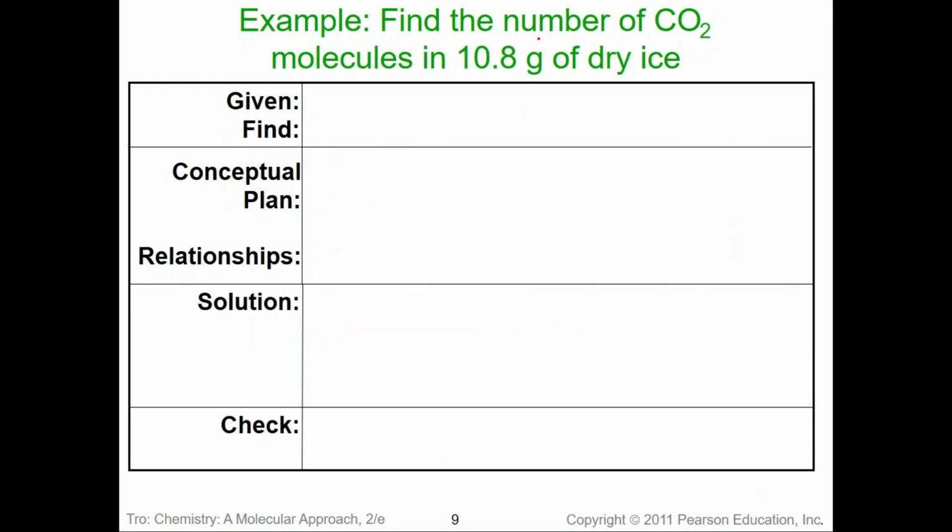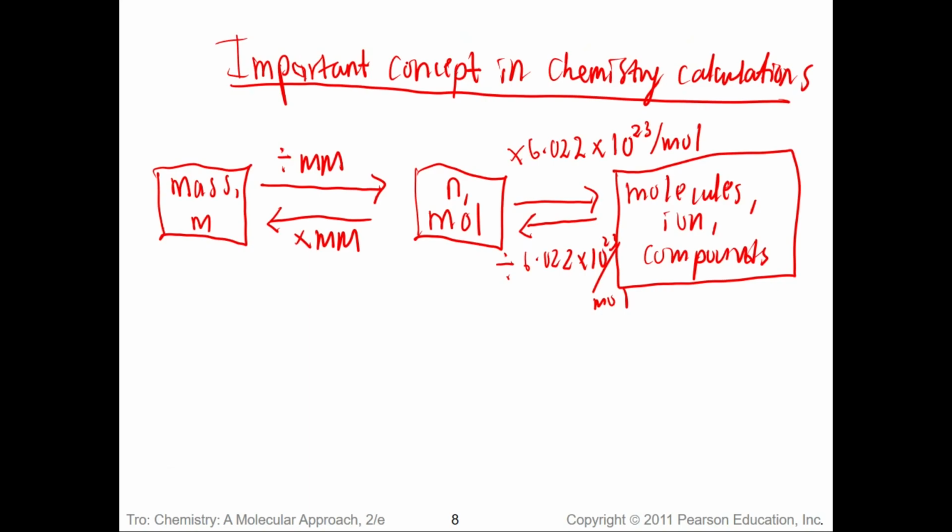An example question asks you, find the number of CO2 molecules in 10.8 gram dry ice. You already have mass, and the question asks for molecules. So refer back to the previous slide. If you have mass and want to find molecules, you need to find mole first.